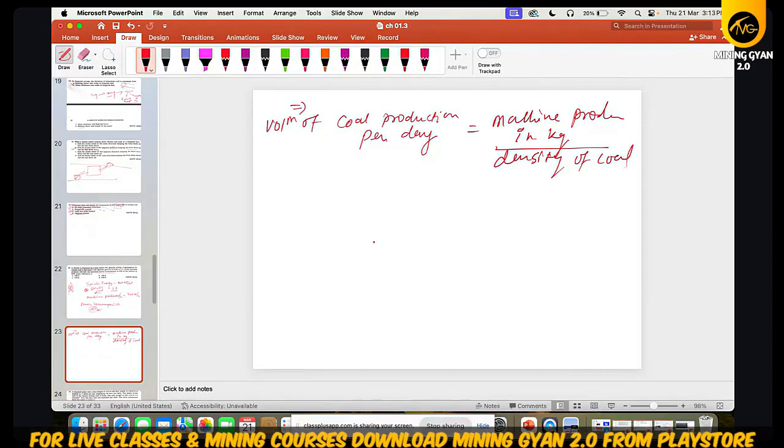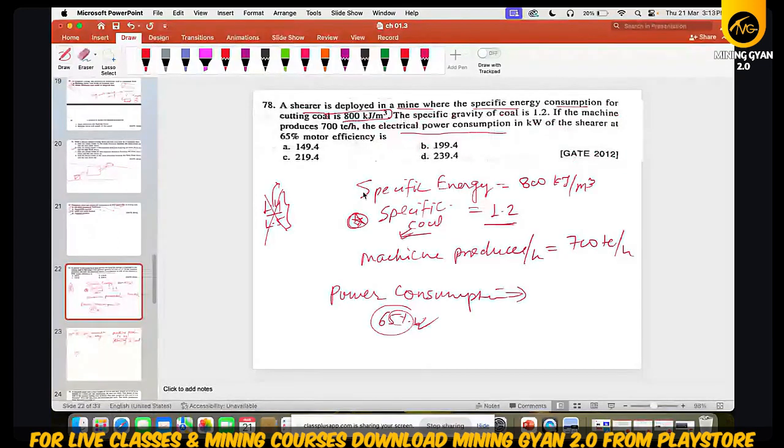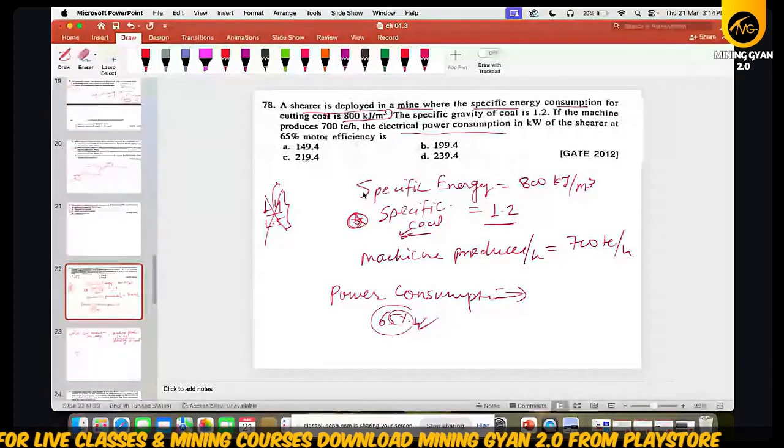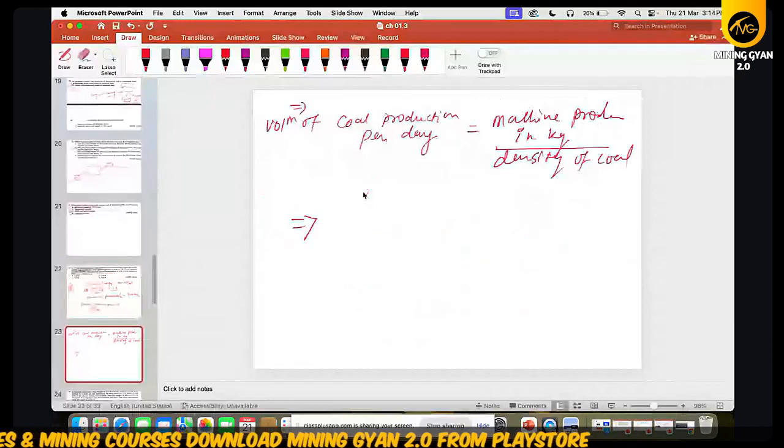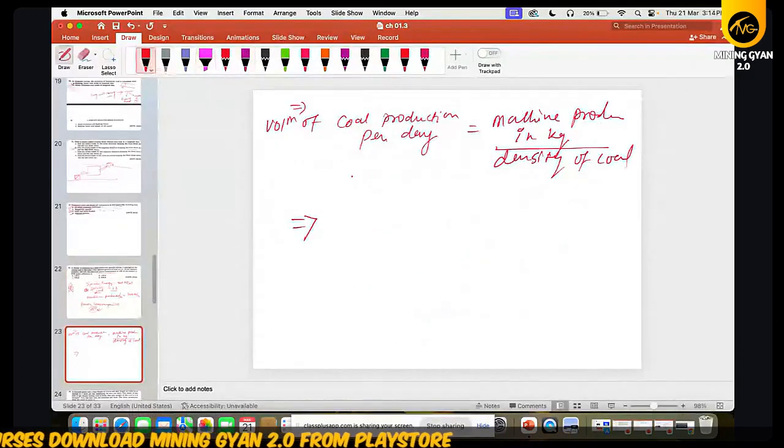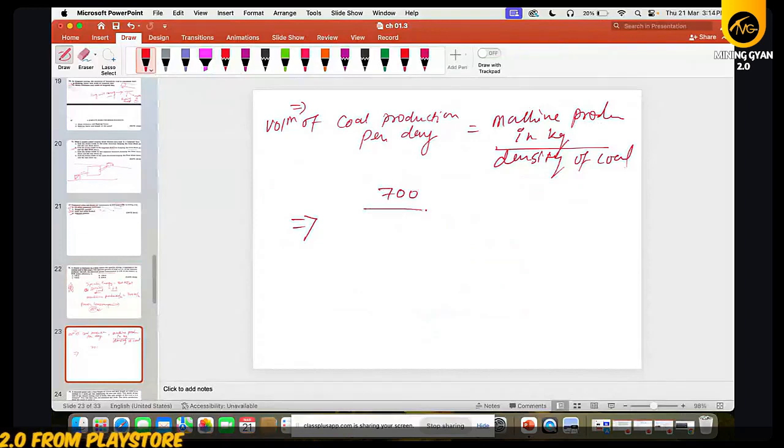So here he has given us the machine production 700 and divided by density 1.2.